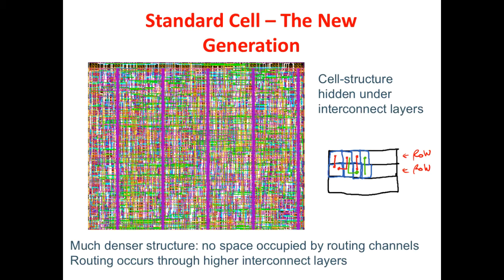So this is the situation. You can see that if you look at the image, it is more regular than a completely custom CMOS structure, but of course less regular than an array of identical modules.